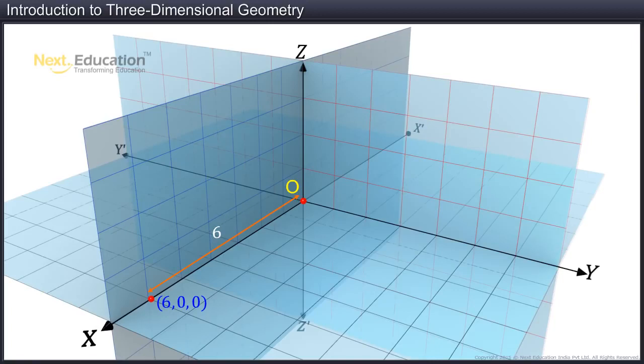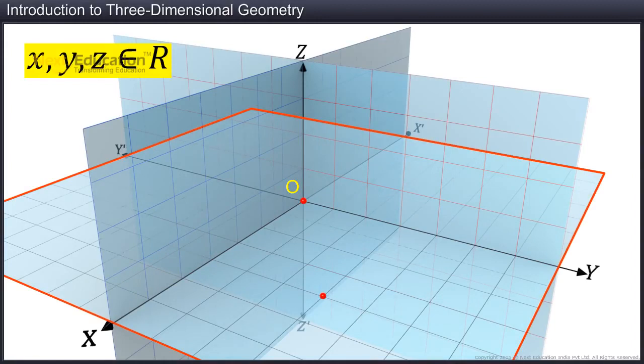Similarly, the points that lie on y-axis will have coordinates of the form 0, y, 0, and the points on the z-axis will have coordinates of the form 0, 0, z. Here the letters x, y and z belong to the set of real numbers.